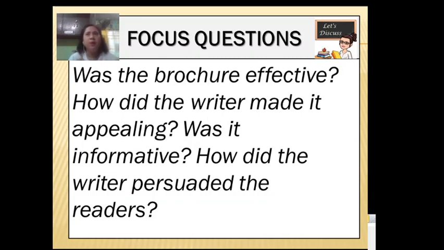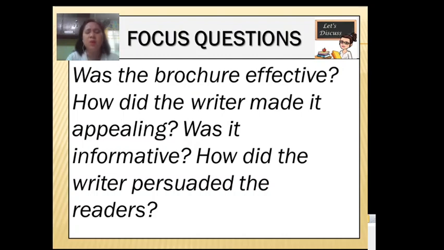Again, we have the first one: it should be visually appealing. How did the writer make it visually appealing? Is it attractive? What makes it attractive? Is it the pictures, how it was laid out? Was it informative?